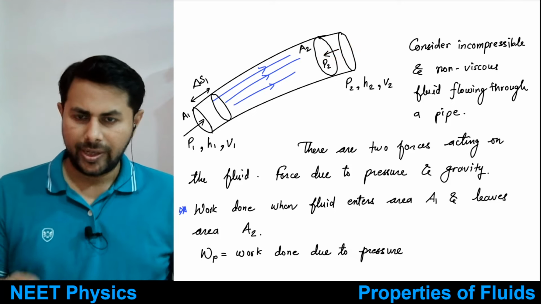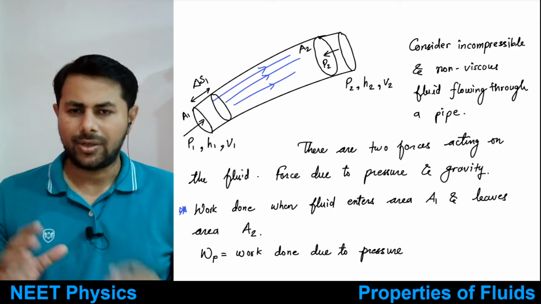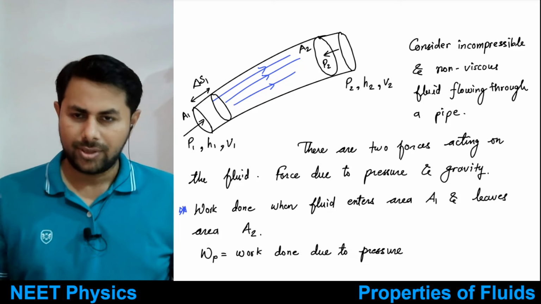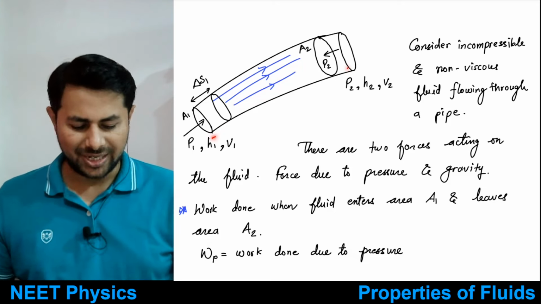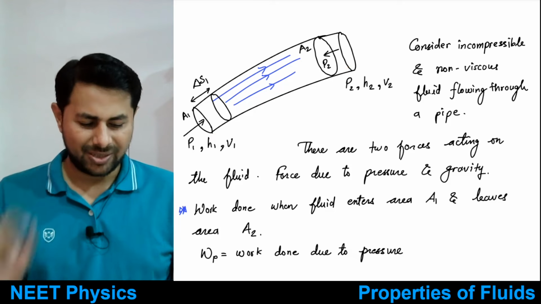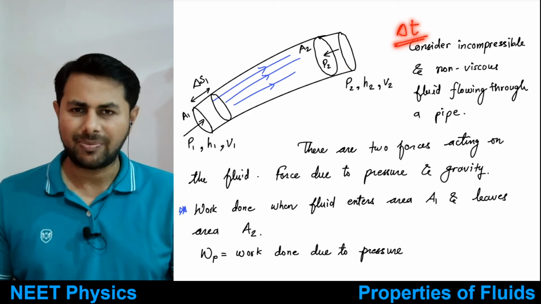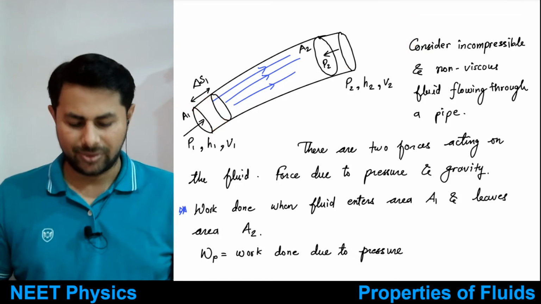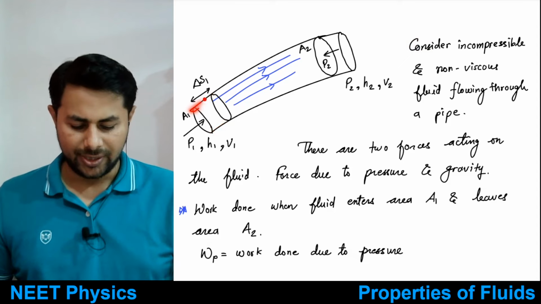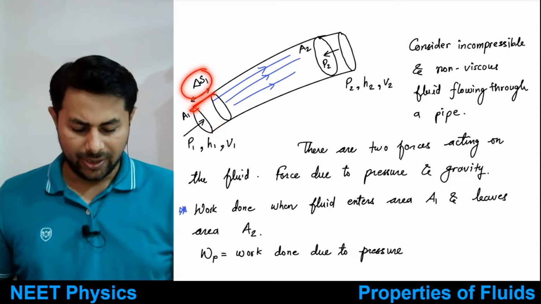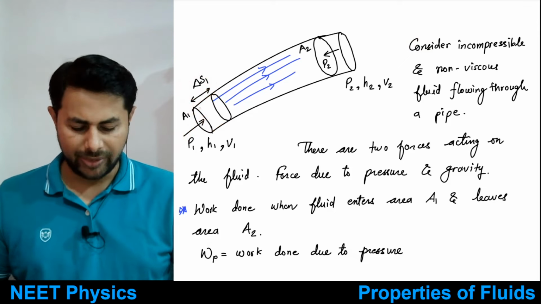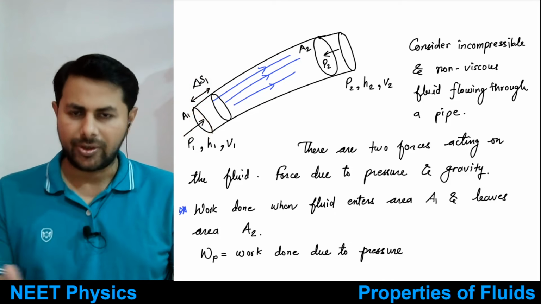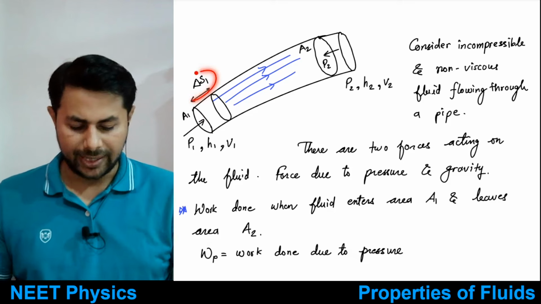Now we need to find out how much work is done on this fluid due to these two forces. Velocities at this point and that point are different, so in some time delta t the fluid will cover different distances. Here the distance covered is delta S1. Force is P1A1, so the work done on the fluid is P1A1 times delta S1.